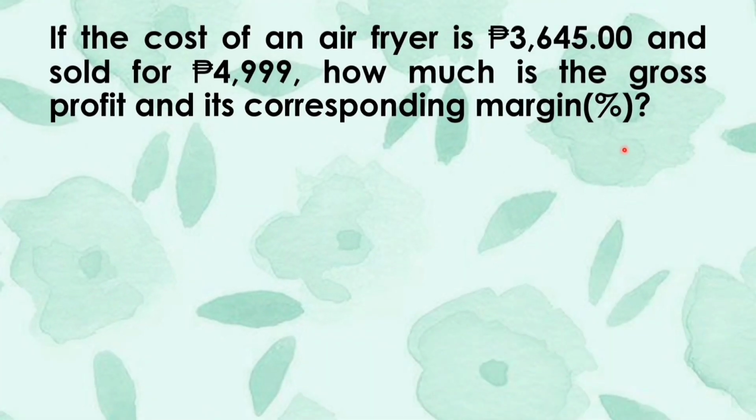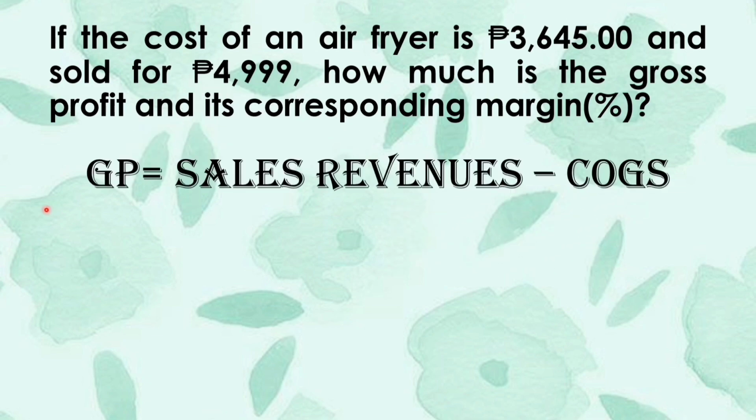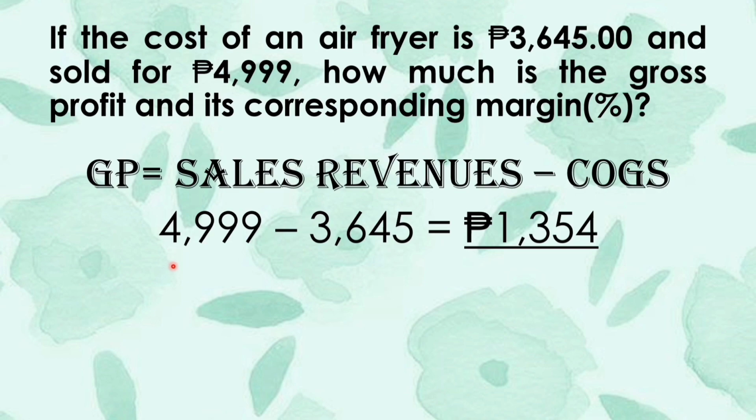For the next problem, if the cost of an air fryer is 3,645 and sold for 4,999, how much is the gross profit and its corresponding margin? Let's solve for the gross profit first by subtracting the COGS from the sales revenues, and then we will have 4,999 minus 3,645 equals to 1,354.